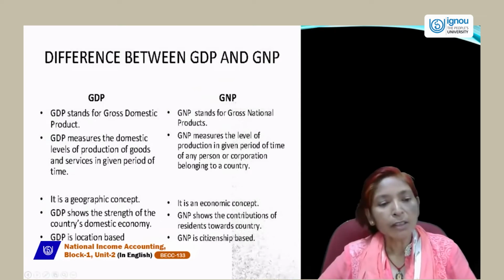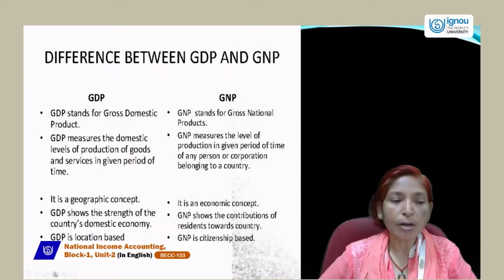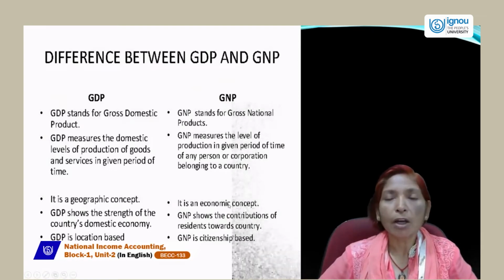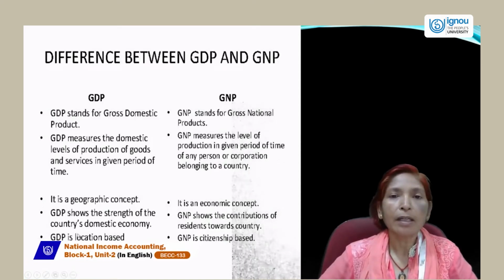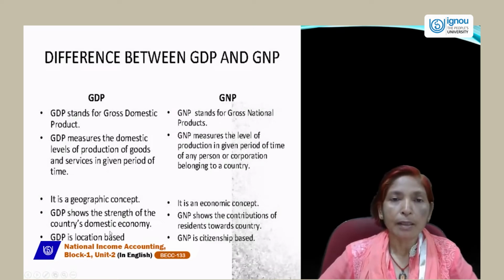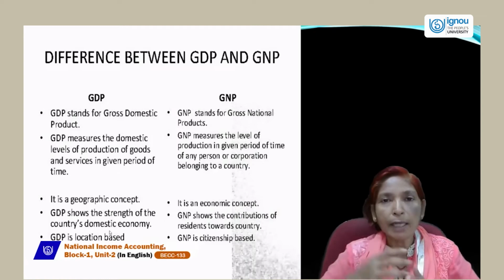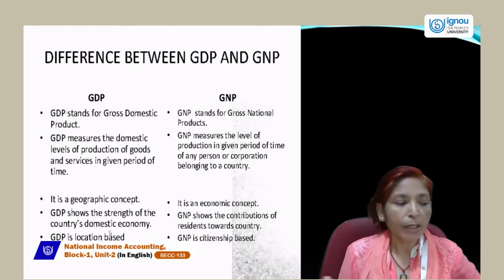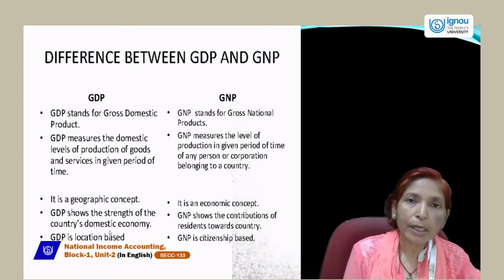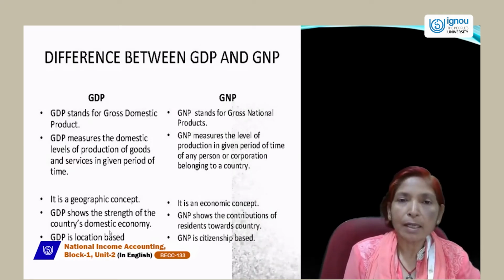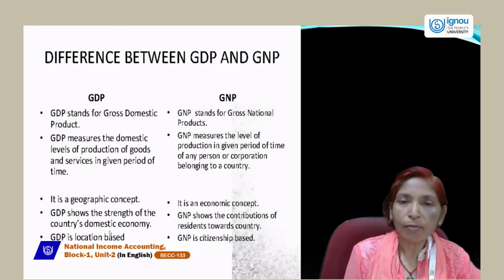So GDP is a geographic concept, and GNP is an economic concept. GDP shows the strength of the country, the domestic territory. Domestic territory is a territory or boundary in which we include political boundary and economic boundary both. Domestic territory is a broader concept. In this concept, we include two types of boundaries.